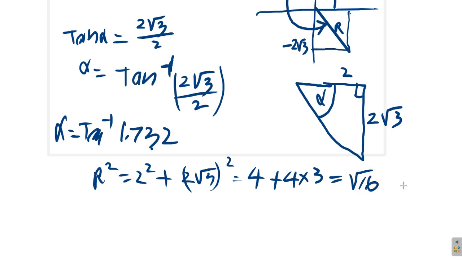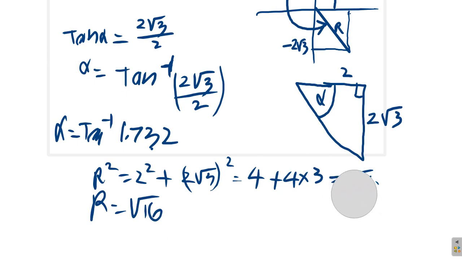Square root of 16, which is 4. Right? I mean, this is r squared, 16. So r would be square root of 16.